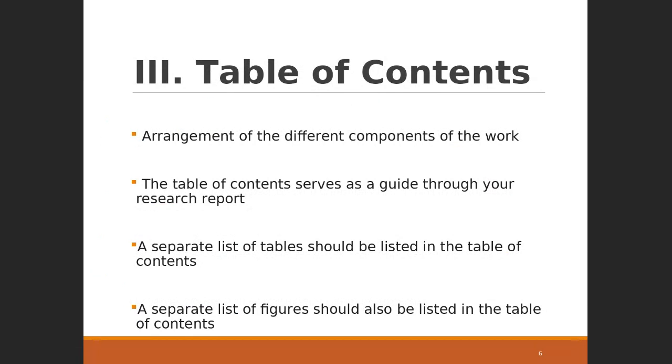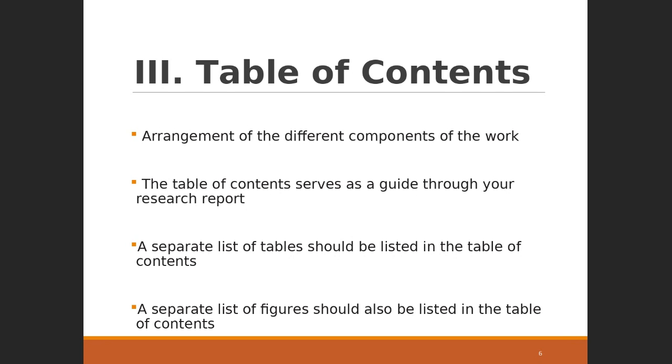The table of contents is basically the arrangement of different components of the work. For the readers, the table of contents serves as a guide through your research report. It usually lists the important headings and subheadings in the report with page references.